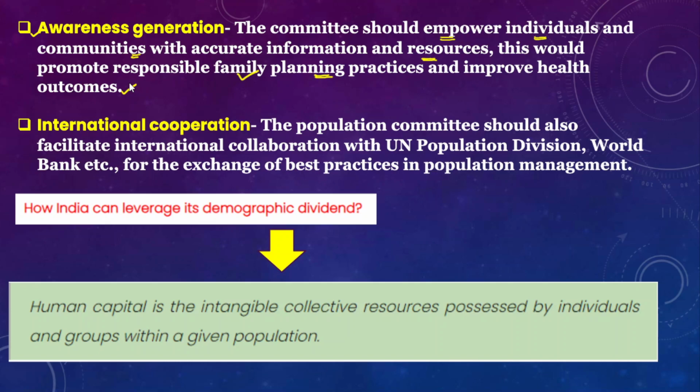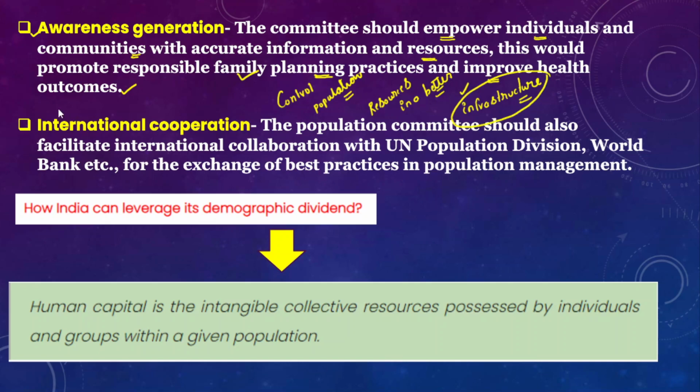Now family planning practices would help control population growth in India. So when population growth gradually reduces, we can use the existing resources in a better possible manner, and it will also help in improving healthcare outcomes, and the existing infrastructure, whether healthcare infrastructure or education infrastructure, can be better utilized for the betterment of the people.